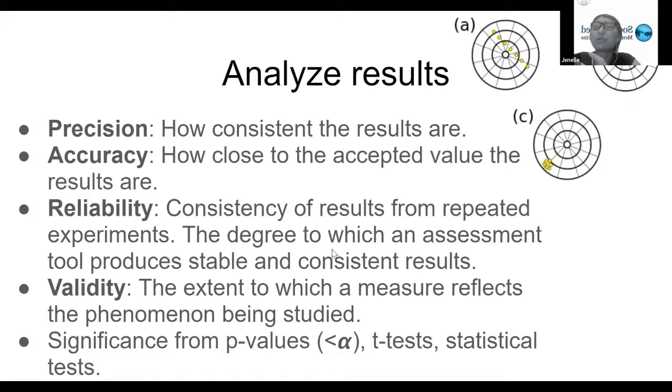So there can be a tool that might be reliable, so it will give you the same consistent answer, but it might not actually be valid, as in it might not actually be giving you the correct result. But to be valid is when it actually reflects the process or the topic that you are studying for your experiment.